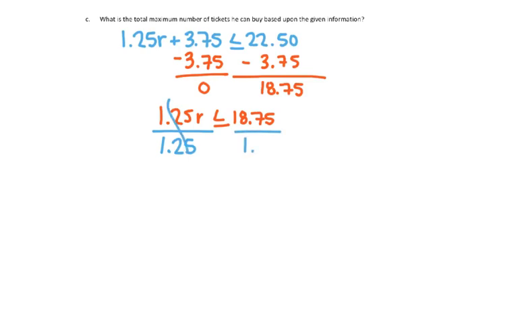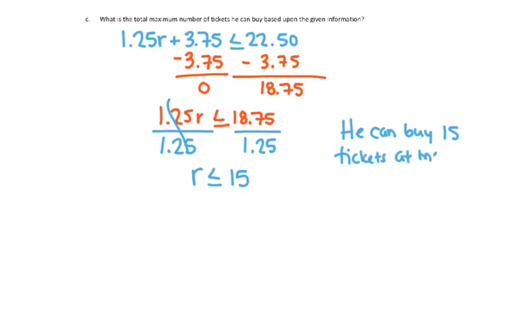And that means that I have left over R is less than or equal to, and when I divide $18.75 by $1.25, I get 15. So he can buy 15 tickets at most with his $22.50. He cannot buy more because he won't have enough money. So we're going to write that out. He can buy 15 tickets at most.